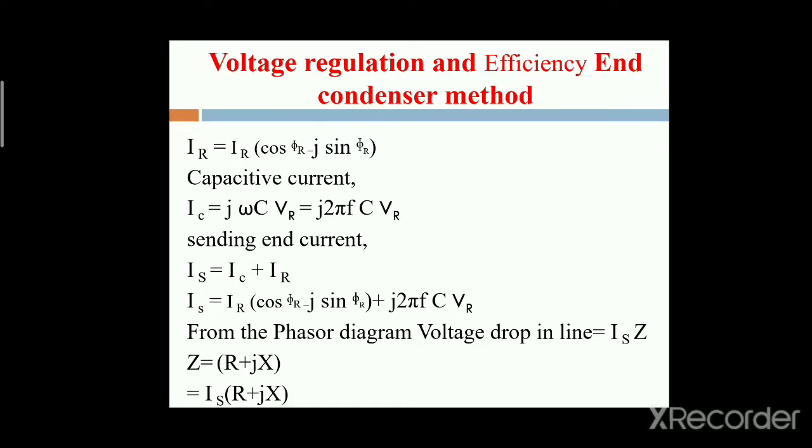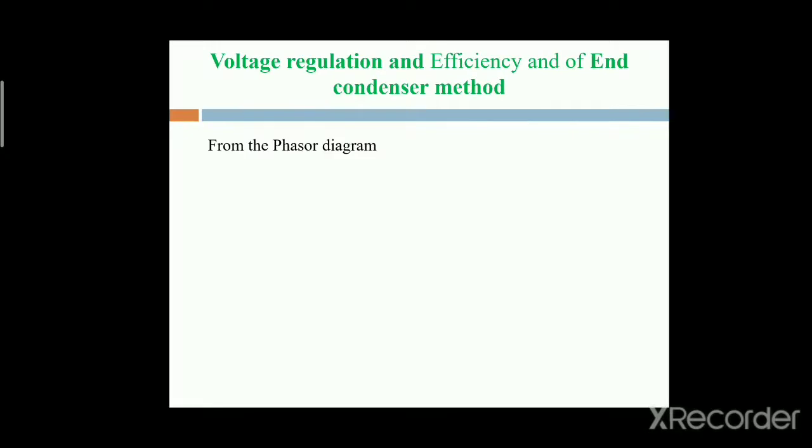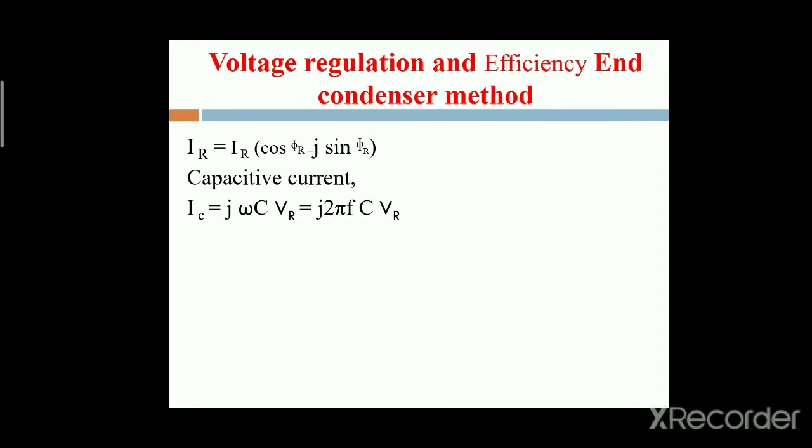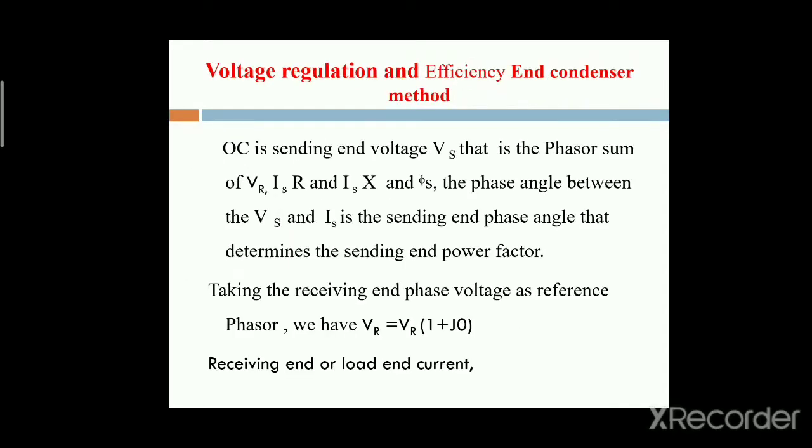Then the voltage drop in the line is equal to Is into (R plus jX). Next, from the phasor diagram, what is the formula for Vs?